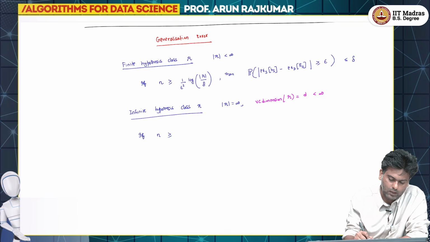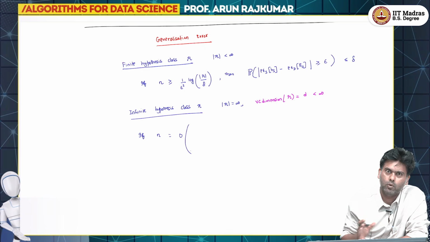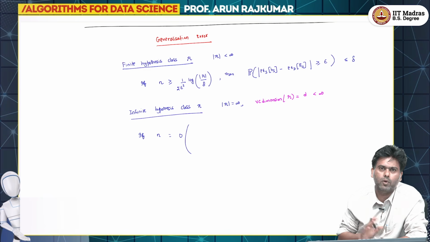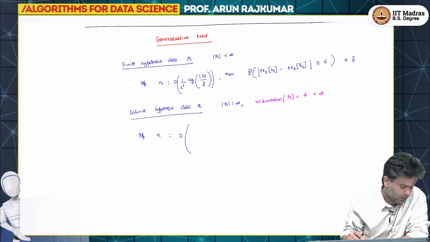If n is of the order of, without worrying about constants too much, something like d log 1 over epsilon plus log 1 over delta, divided by epsilon squared.